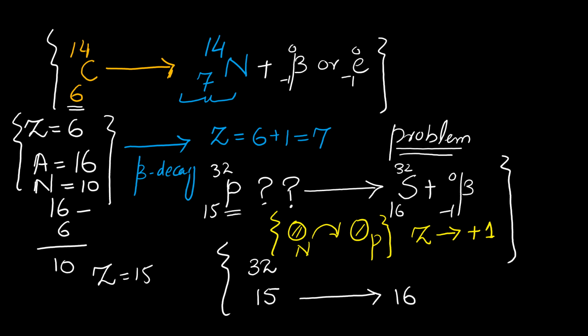Now consider another problem. Before going to problems, dear student, please keep in mind that in beta decay, these are 2 points you need to memorize: number 1, mass number, which is basically A, remains unchanged.